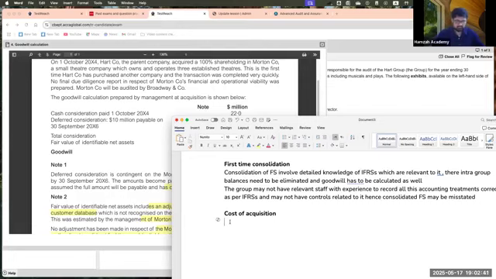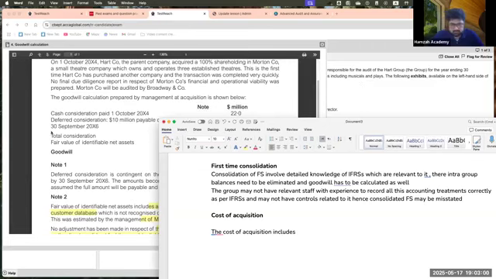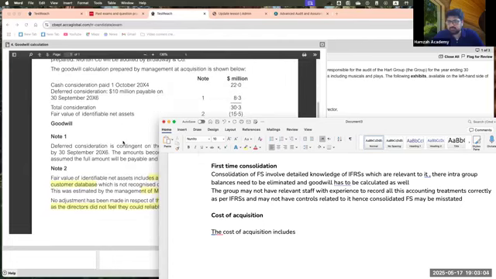Now, cost of acquisition. So the cost of acquisition includes, what is it?